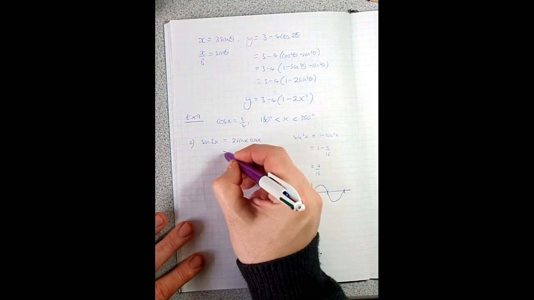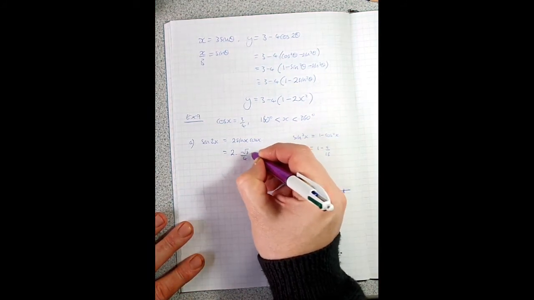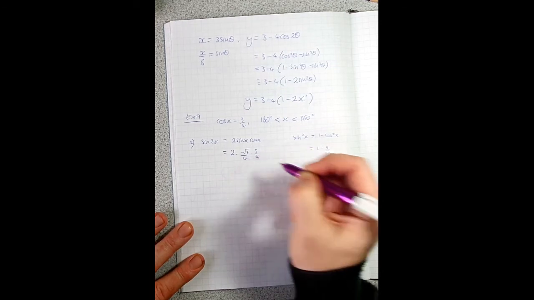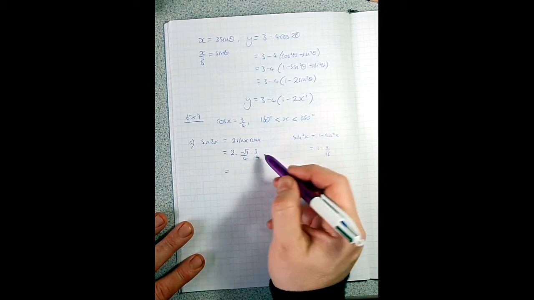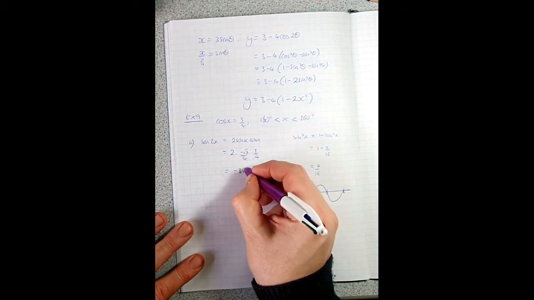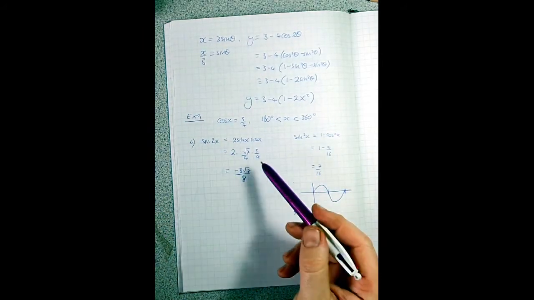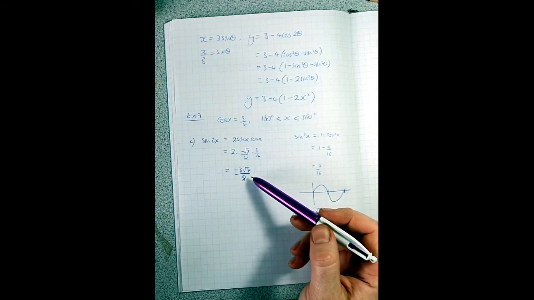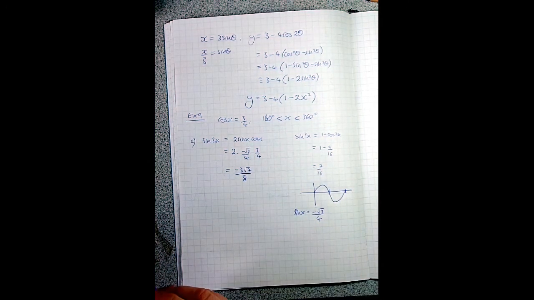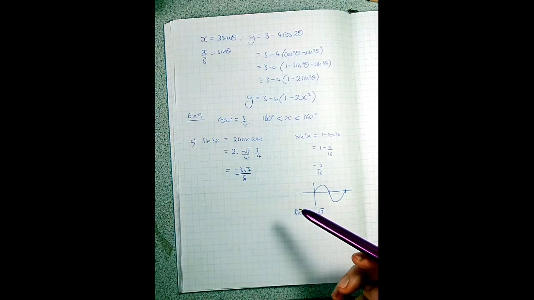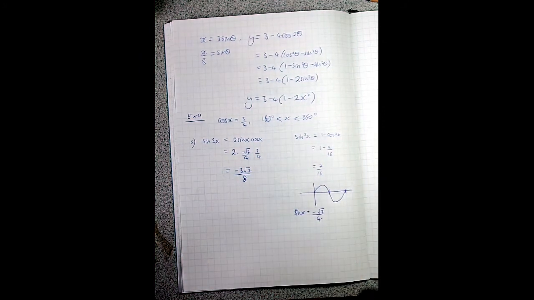So sine 2x is 2 times minus root 7 over 4 times by 3 over 4. 2 over 16 is 1 over 8, so minus 3 root 7 over 8. And because it asks for exact values you can't just use a calculator. I don't think it would give you the surd. Also, of course, you can't use a calculator to decide the sign based on the value of x.